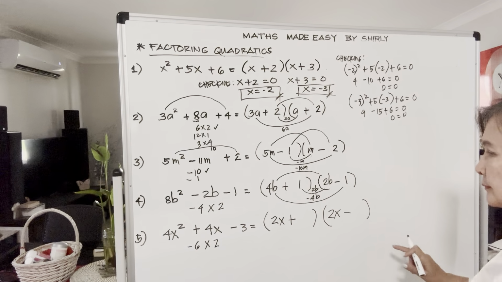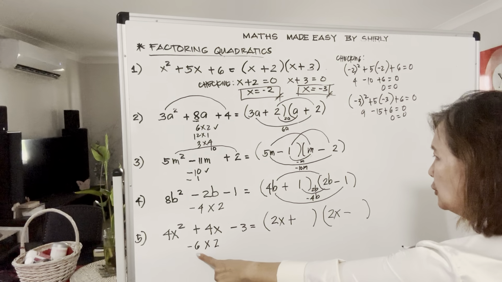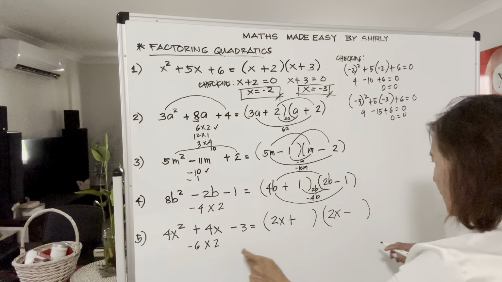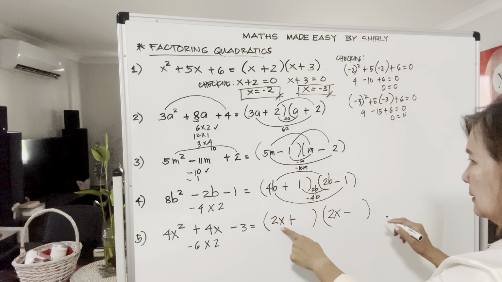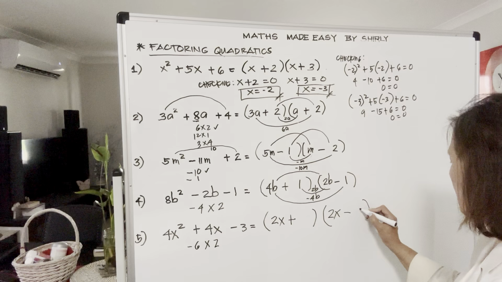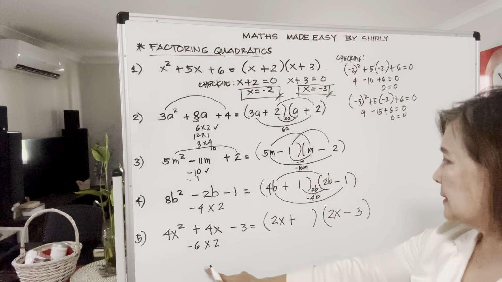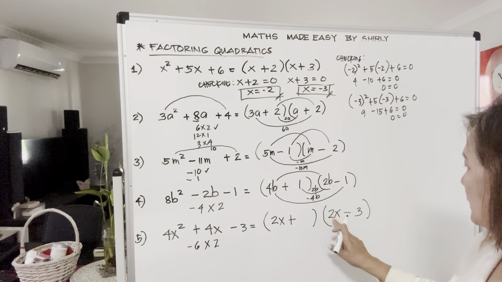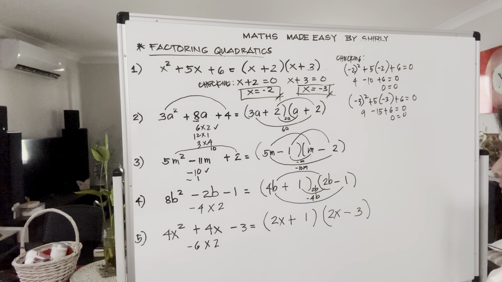Next, how will you get negative 6? When you multiply 2x by negative 3, that becomes negative 6x. When you multiply 2x by 1, that is 2x.